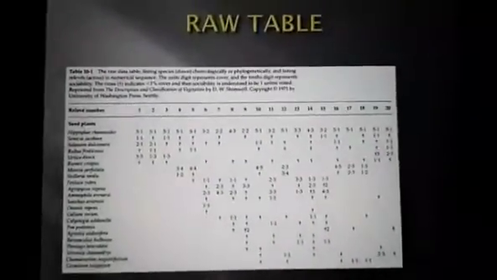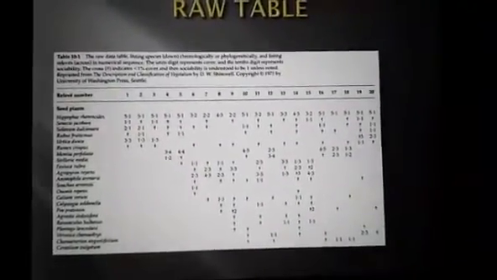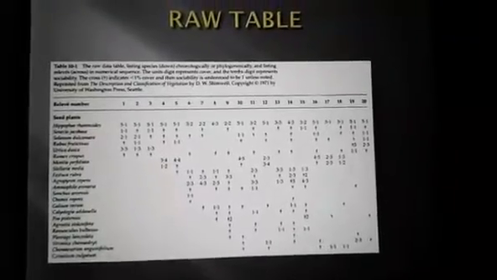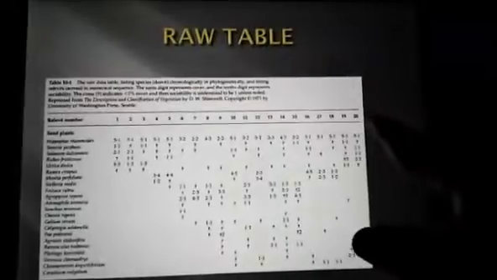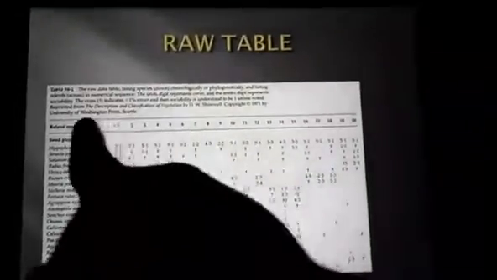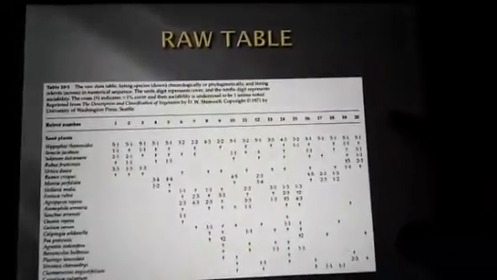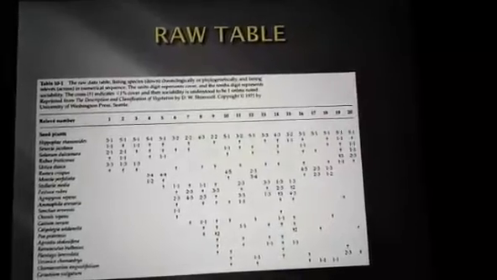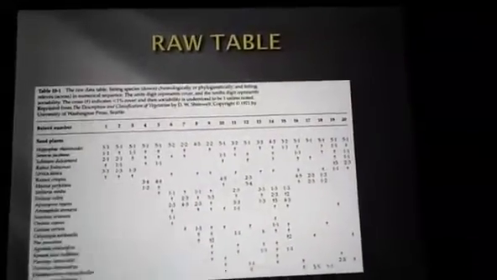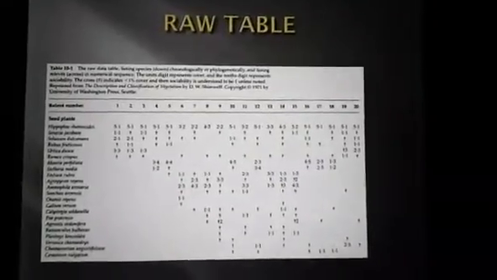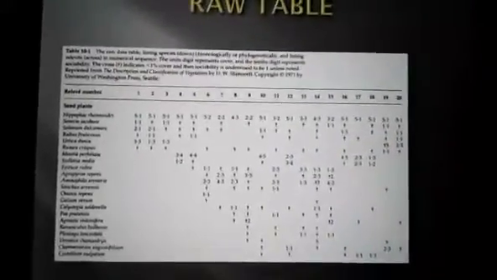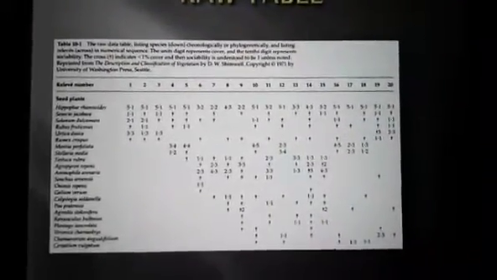So this is how a raw table would look, with the rows representing what we call the relevé number, and the columns representing the plant species. It should be clearly visible on the notes that you have with you there.